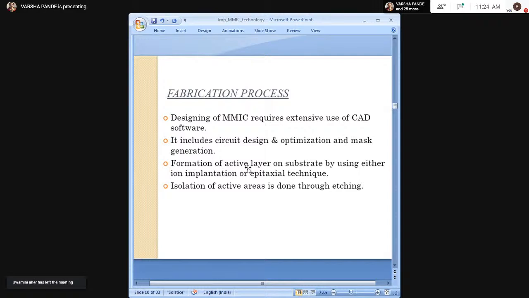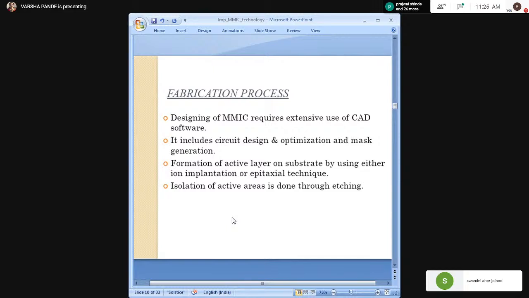Then formation of an active layer on a substrate by using either ion implantation or an epitaxial technique. Already I told you, active layer means initially the substrate will be there, and above this substrate one epitaxial layer will be there. That epitaxial layer will be formed either by using ion implantation or by using epitaxial growth. Then within that epitaxial layer the further circuit is fabricated.